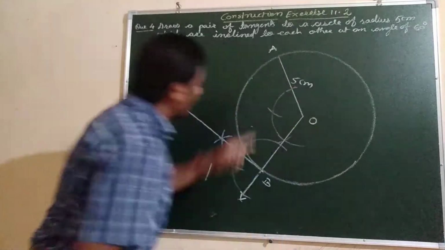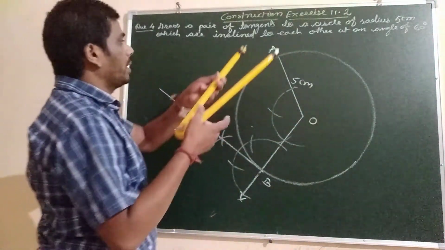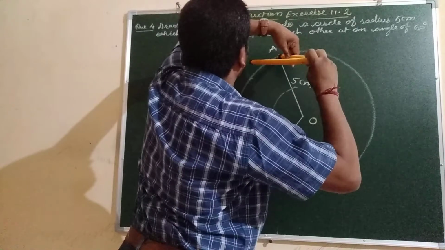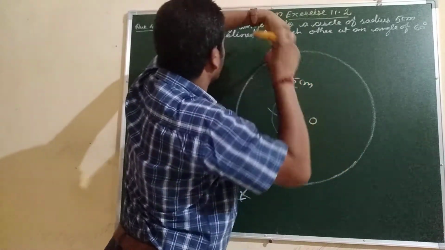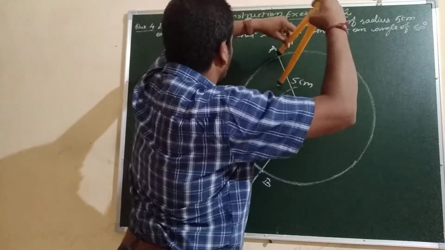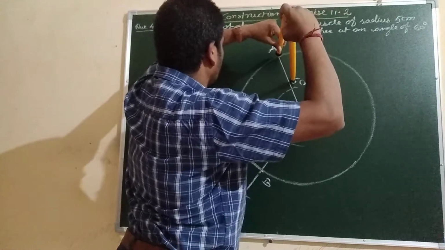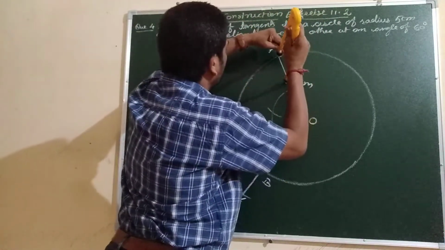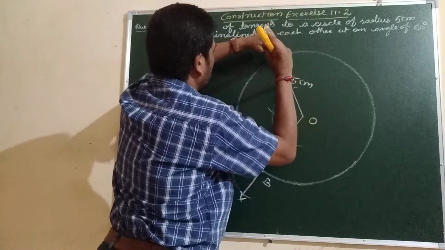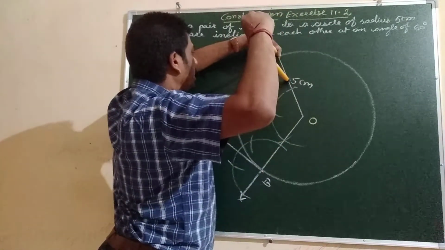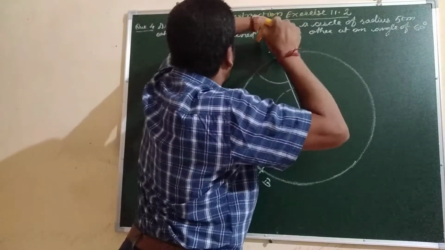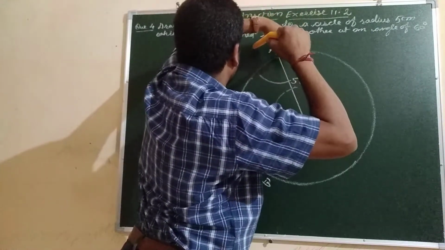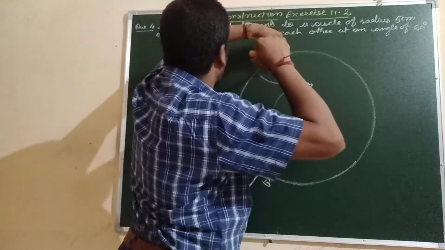Now here also the same thing. We will make a semicircle here. We take A as the center, any radius we can take, and we will draw a semicircle.